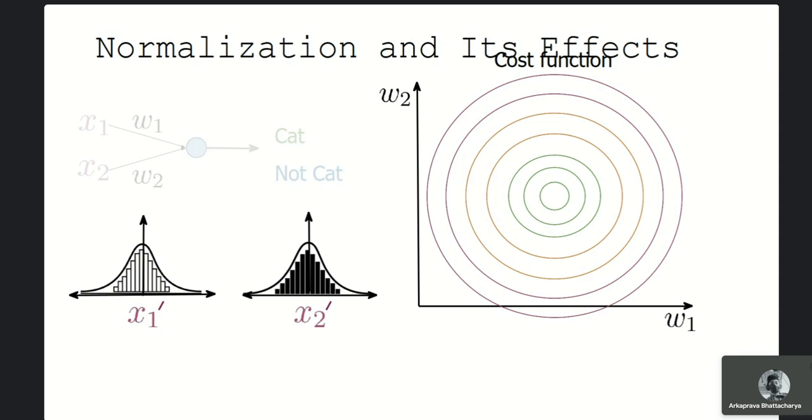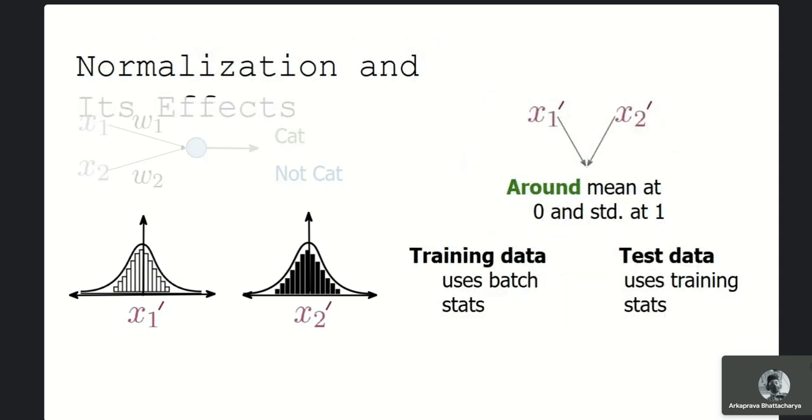So now our cost function looks smoother, and the changes in the cost function will also be smoother, and the learning will also be smoother, and you will reach the minima of this cost function faster as compared to when your data was not normalized.